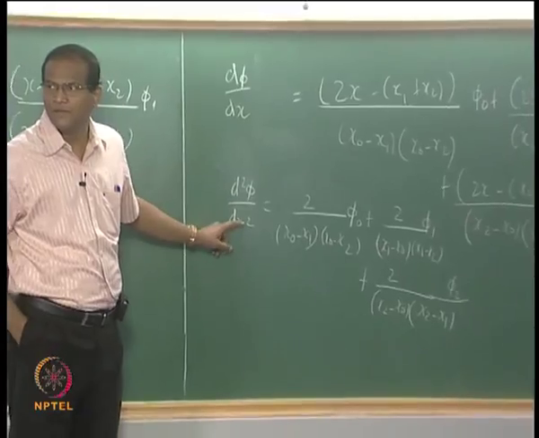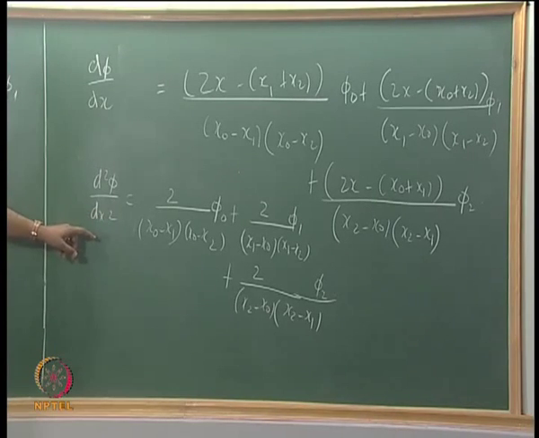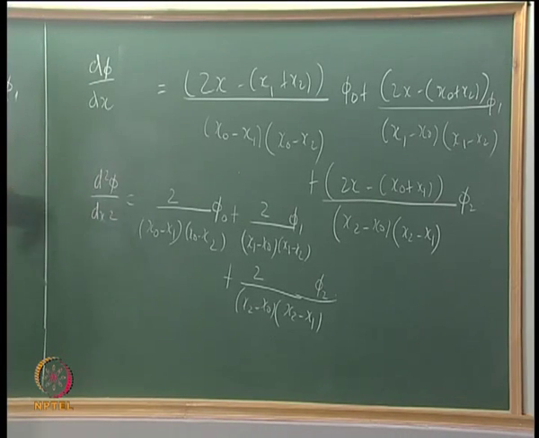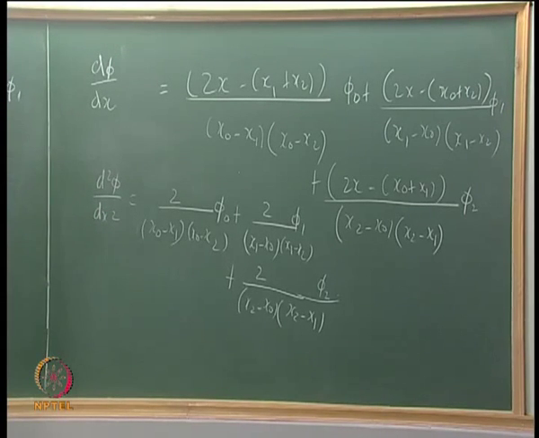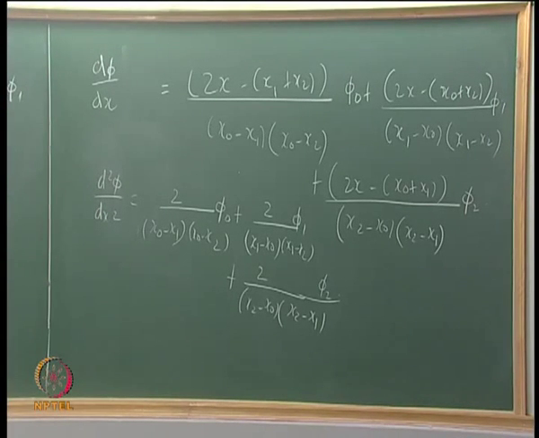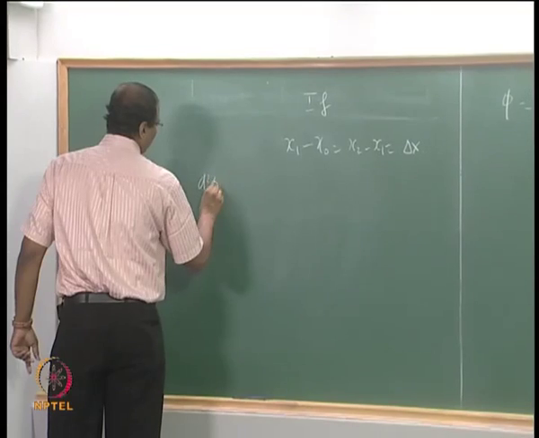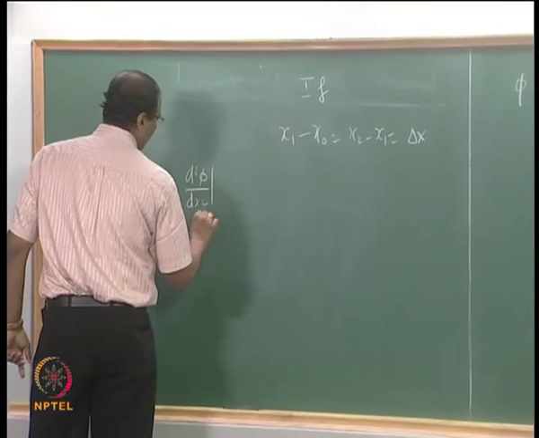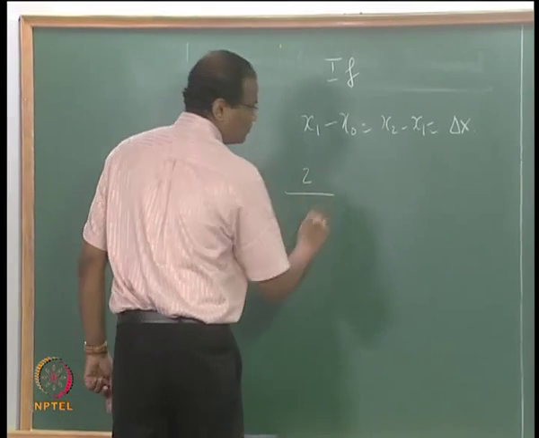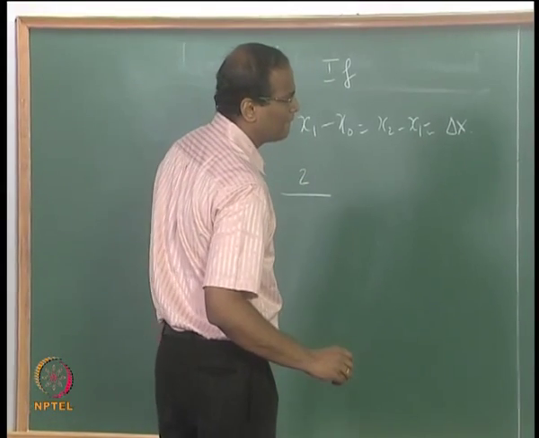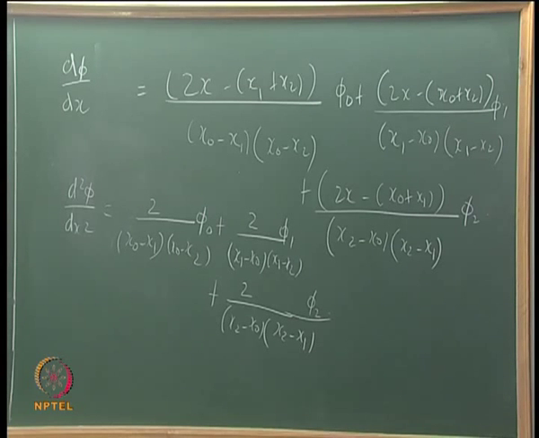You had a doubt, d squared phi by dx squared is the same whether it is evaluated at x0, x1 or x2, because we have only a second order polynomial, correct. So d squared phi by dx squared is 2 by delta x squared, correct.